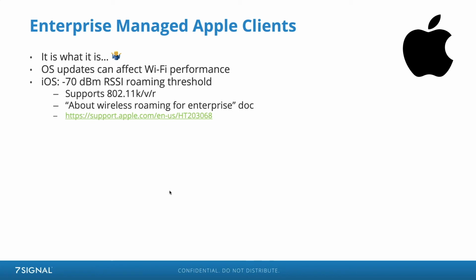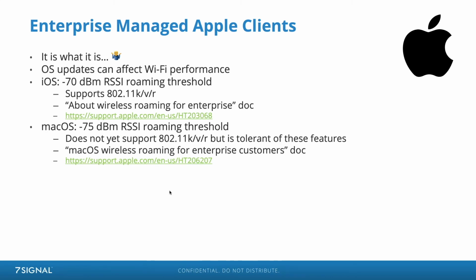Apple does publish some information about the roaming performance of their two operating systems. With iOS, it's got a little bit more aggressive roaming algorithm than macOS.